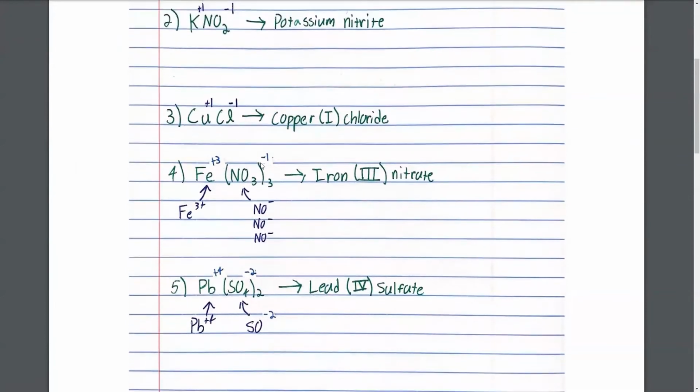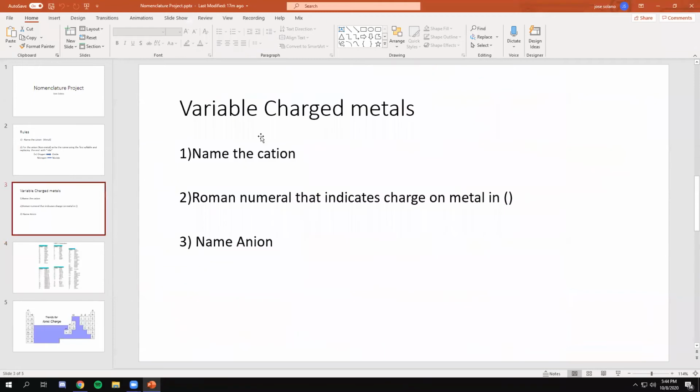Before we get into the rest of the examples for naming, I'm going to go over quickly variable charge metals. The only difference with variable charge metals is you have to pay attention to the Roman numerals that are in the parentheses. It's the same steps, you're just adding a step to the process.